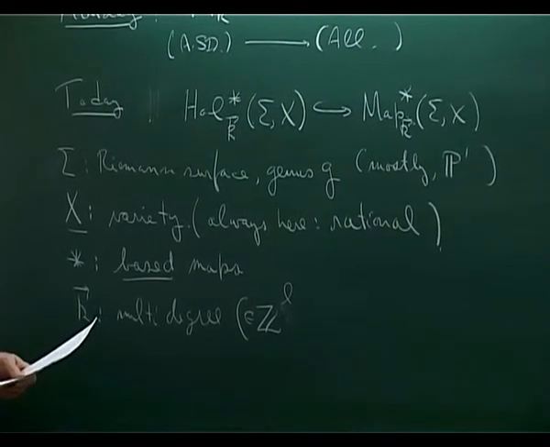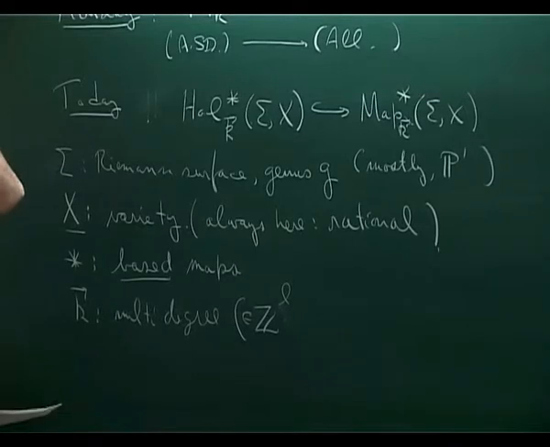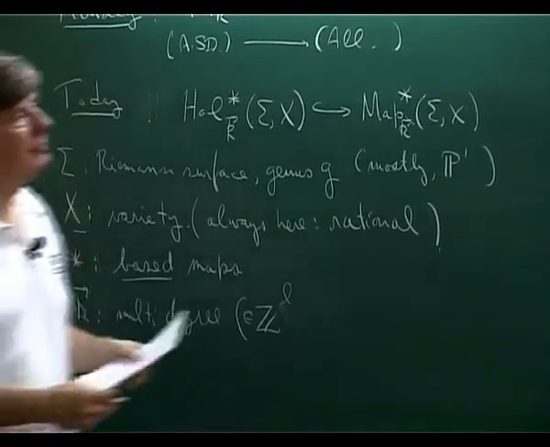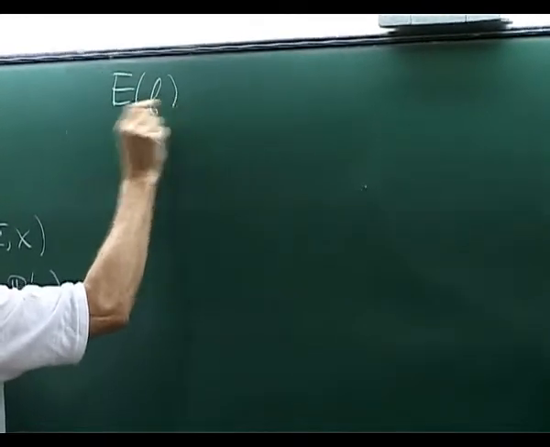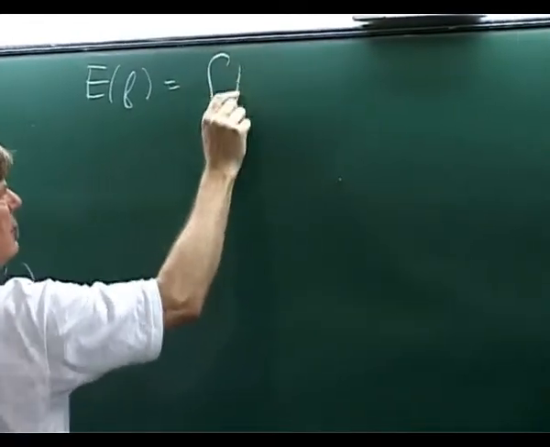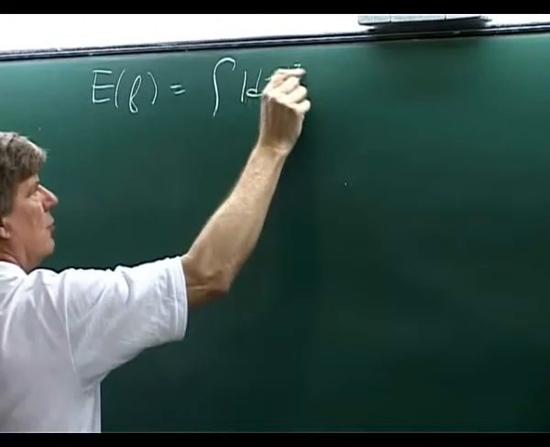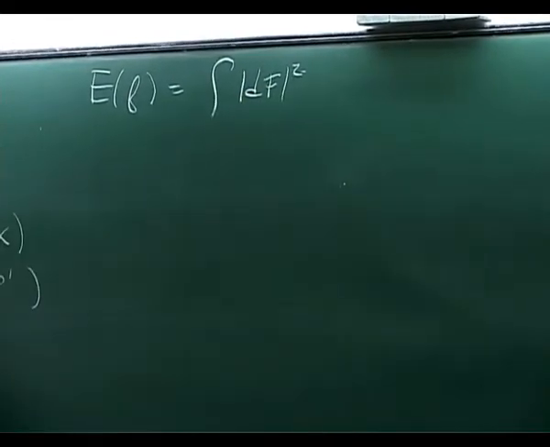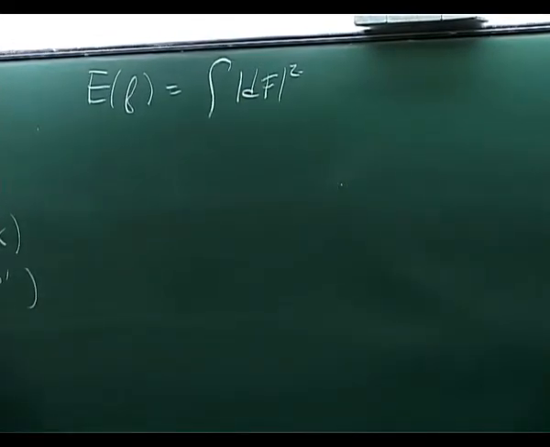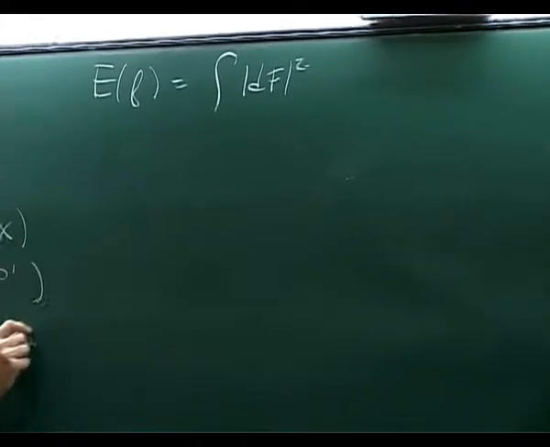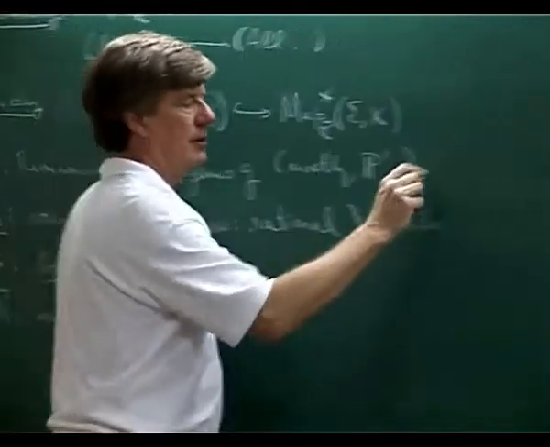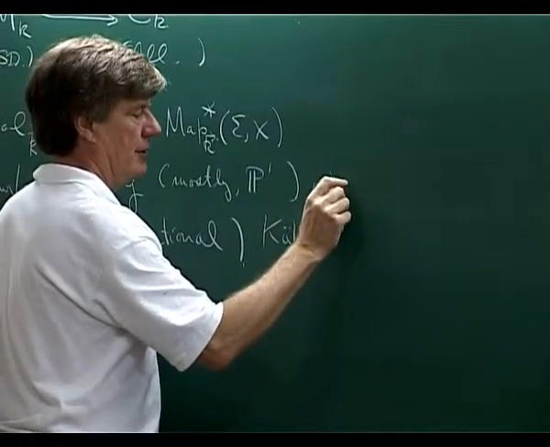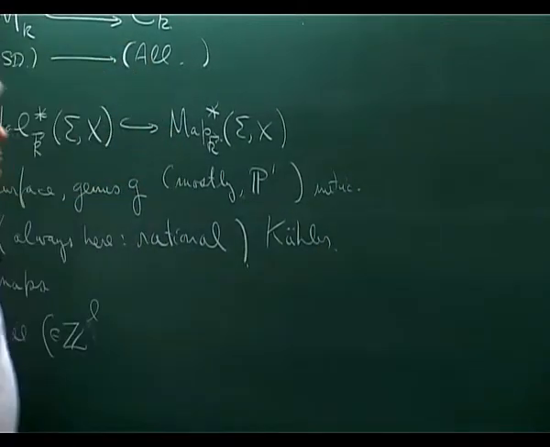Now, I was saying there are lots of points of resemblance. The first is there's a natural functional of a map, which is just the L2 norm of the differential. So you suppose you put a Kähler form here, and your Riemann surface also has a metric, which I'll just say is Kähler also.